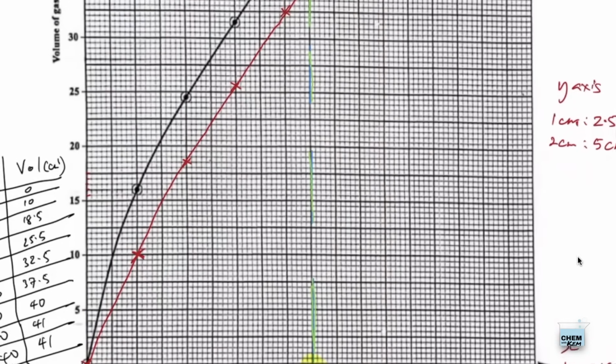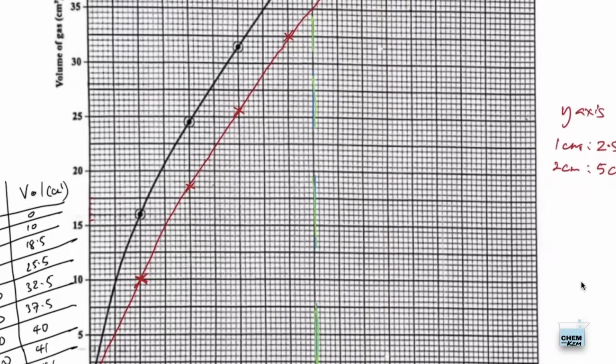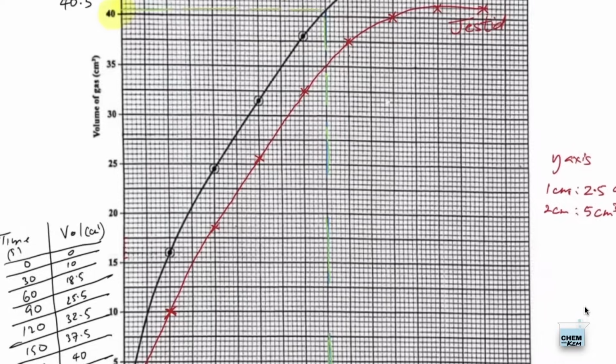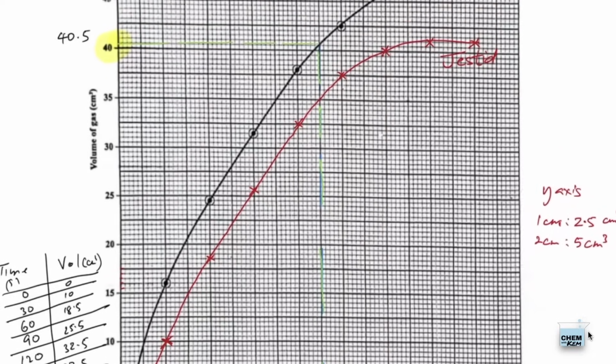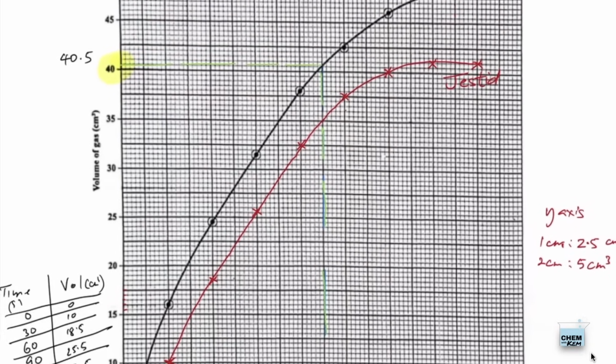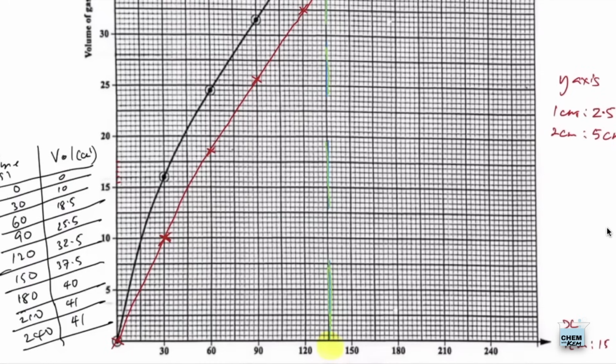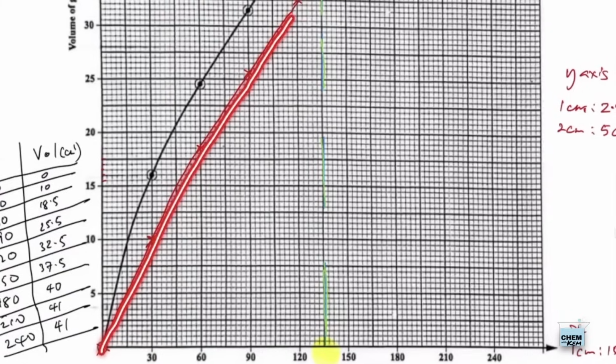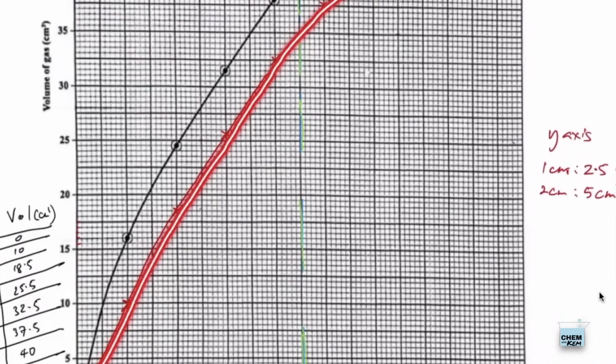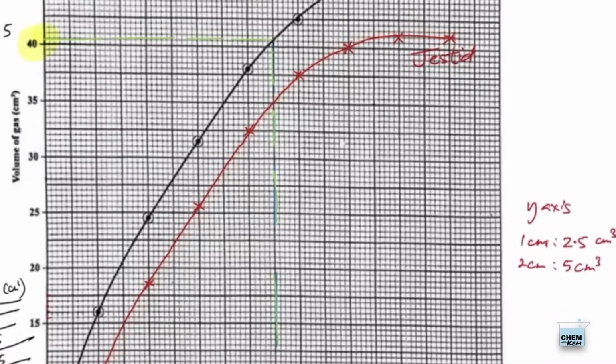No increase since the last one. So there's some leveling off, some peaking off. It means that our antacid has run out. It just means that we don't have any further gas being produced. So at 240, we have the same volume, 41. We know where the 41 line is, so we just plot our point right there. Then we draw our smooth curve through all the points, and we get that.